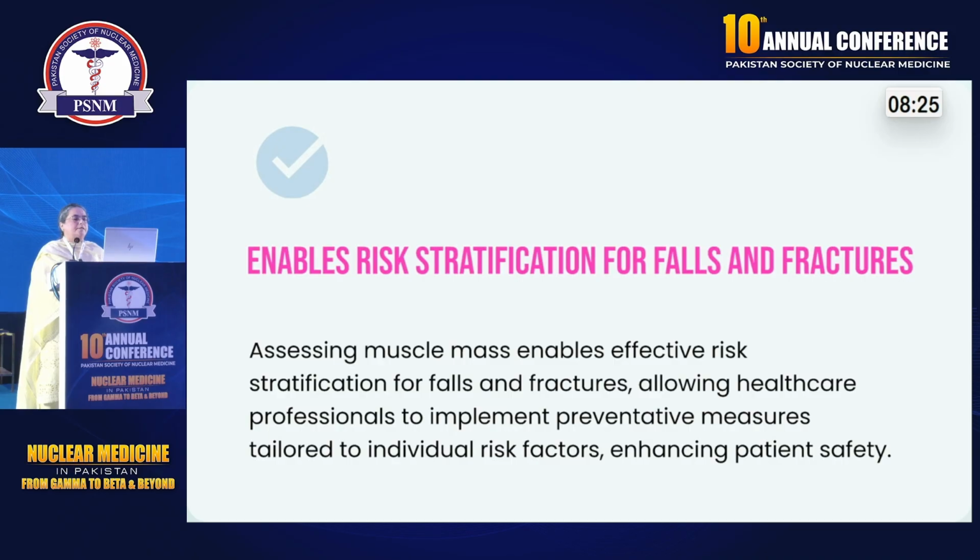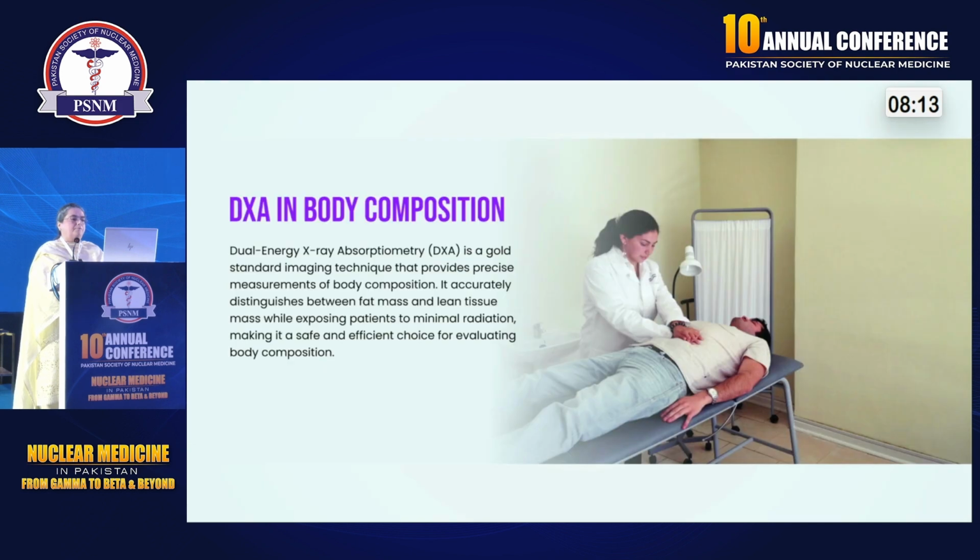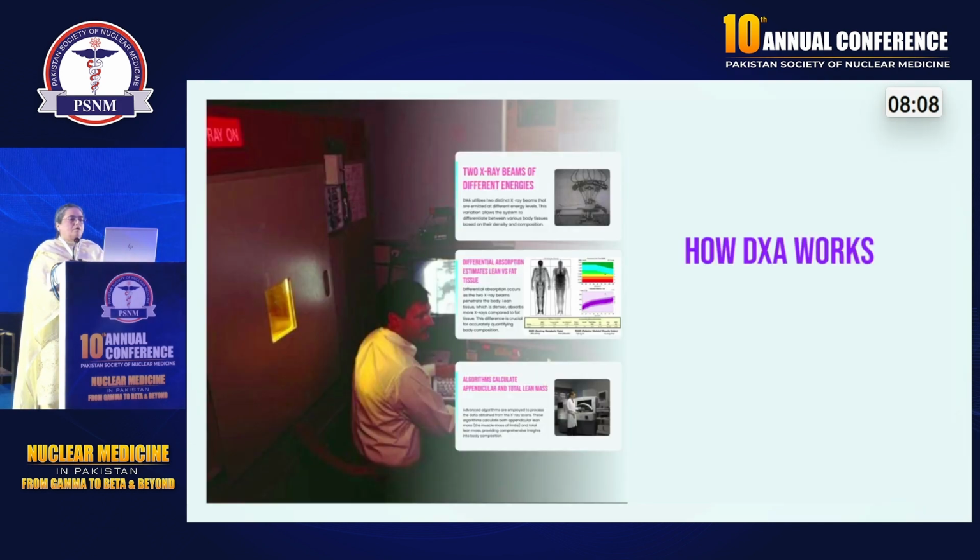So it enables risk stratification for falls and fracture. We know that if a sarcopenic individual is unable to stand and walk properly, it can lead to brittle bones and fracture later on. So DEXA in body composition, how does it work?